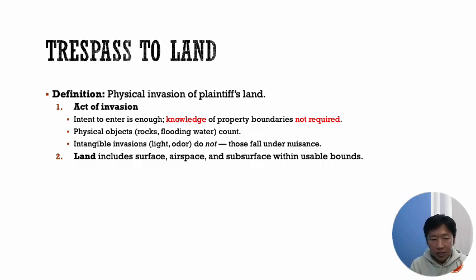The next element is the land includes subsurface, surface, airspace, and any usable bounds. So that means the trespass does not have to be on the earth. It could be in the sky, or downstairs, underneath, underground. So all of these count as land.